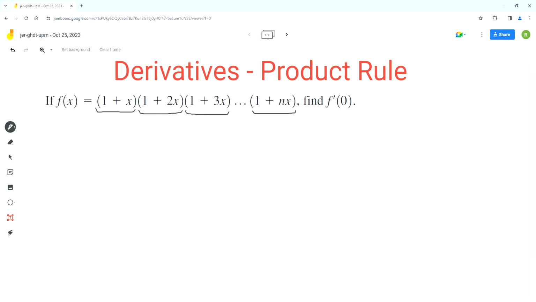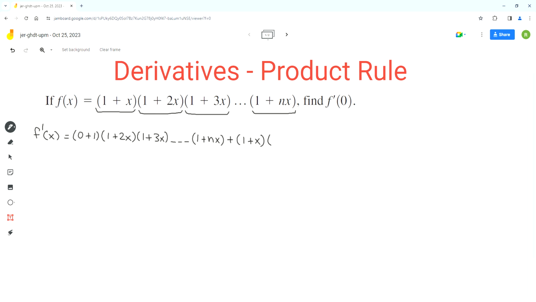So f prime of x equals the derivative of the first binomial, which will be 0 plus 1, times (1 plus 2x) times (1 plus 3x) and all the way to the nth binomial (1 plus nx), plus now the first function (1 plus x) times the derivative of the second function, which is (1 plus 2x).